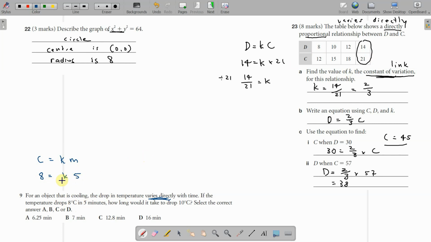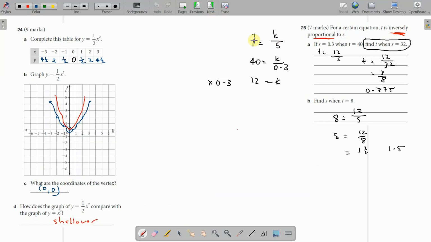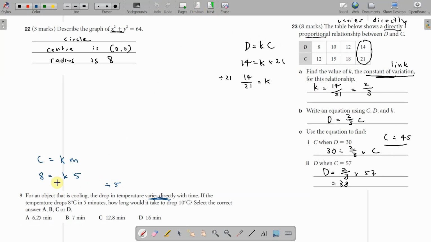So we're going to simplify that by dividing by 5. So we really need to know what the K is. And you can't find K until you realise that this is the equation for directly varying, and that's the one for inverse. Okay, divide by 5.